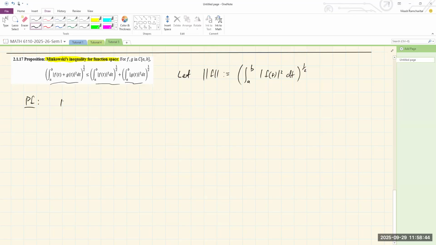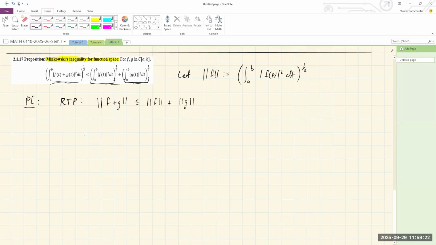In other words, I need to prove, if you look at the left-hand side of this inequality and how I define this norm, this is simply the norm of f plus g, and it must be less than or equal to the first term, which is just the norm of f, and this second term, which is just the norm of g.